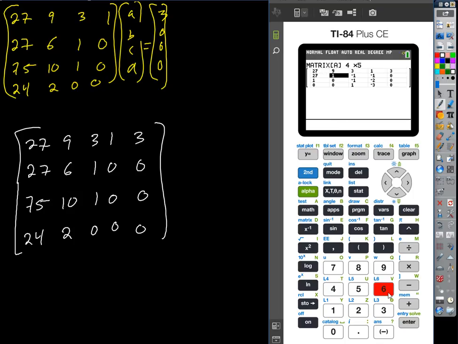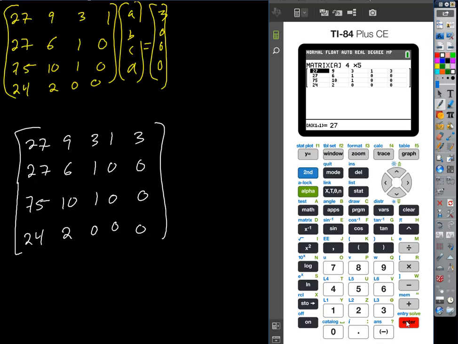Then 27, enter, 6, enter, 1, enter, 0, enter, 0, enter, and it jumps me down. Okay, is everybody there?